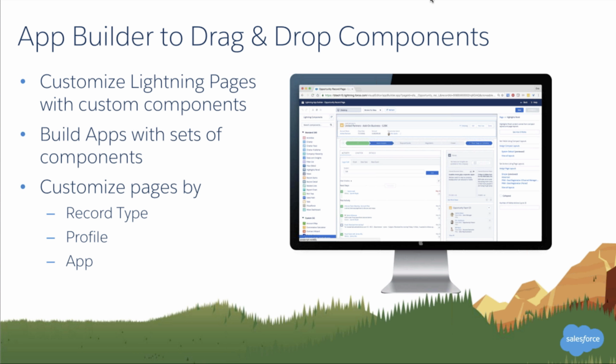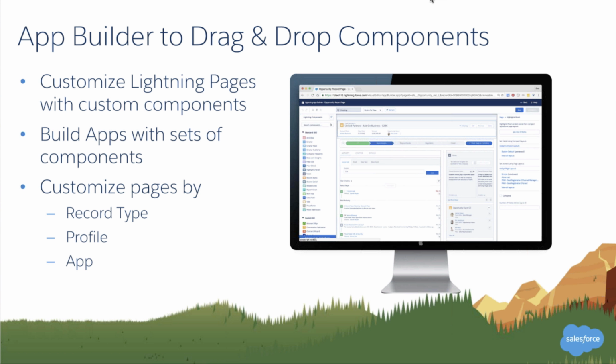Now, once you have those experience components, the question is, where do you put them, right? How do I organize this into the existing experience? So this is where App Builder really comes into play. For many of you that have taken a look at App Builder before, you have a series of basic standard components within the App Builder, but we're bringing a lot more in winter. But we're also allowing for all the custom components that you may write to appear right here in the App Builder.